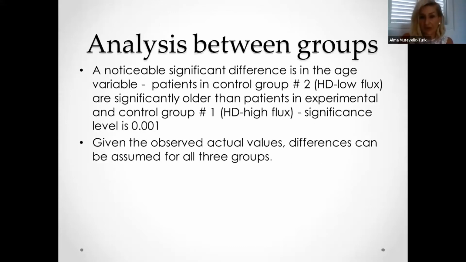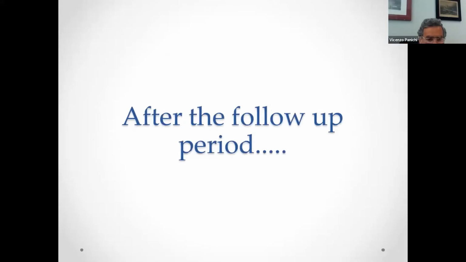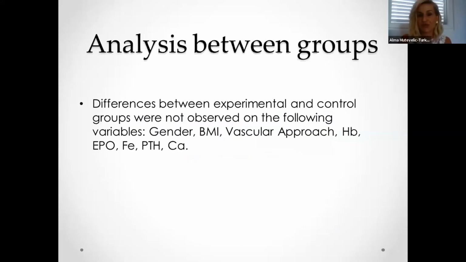After the follow-up period, after receiving the hemoperfusion treatment, we did the same comparison of those clinical, laboratory, and sociodemographic characteristics. There were no differences observed between those groups in gender, BMI, vascular approach, HD duration, parathyroid hormone, and calcium.